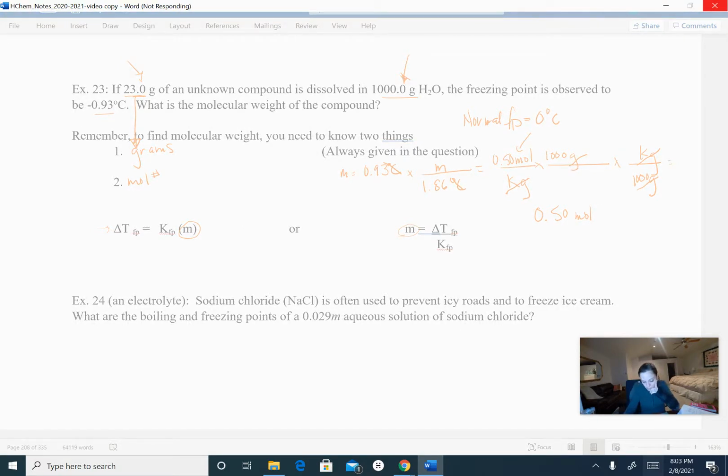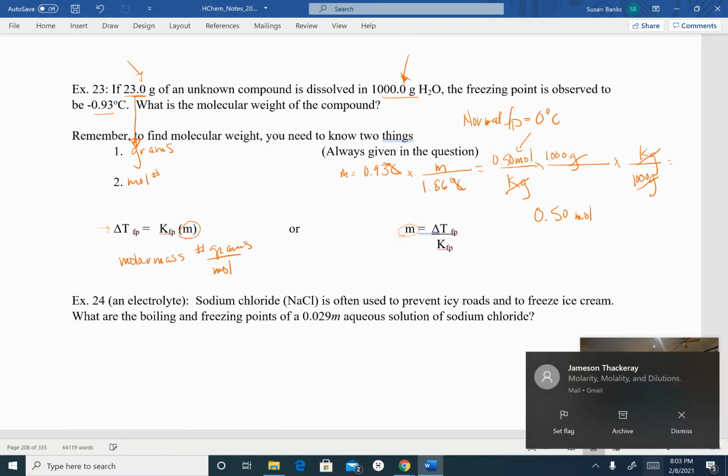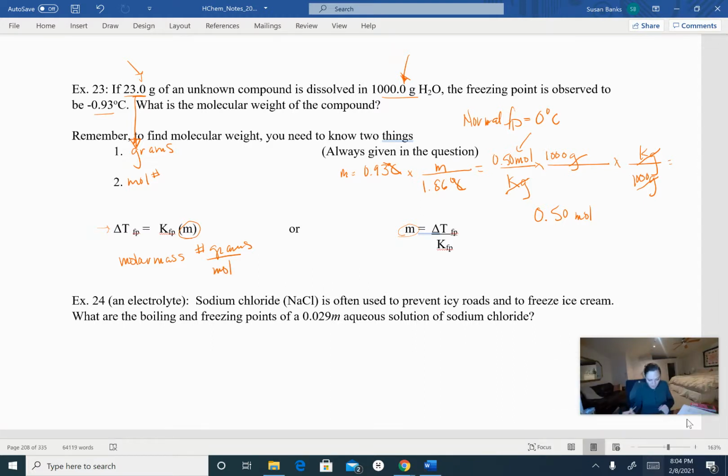So if I have the number of moles that I actually used, and I have the grams of that solute, isn't the molar or molecular mass the number of grams per mole? Isn't that what we do? Okay, so we put 23 grams into that solution, and we determined that I put 0.50 moles in there.